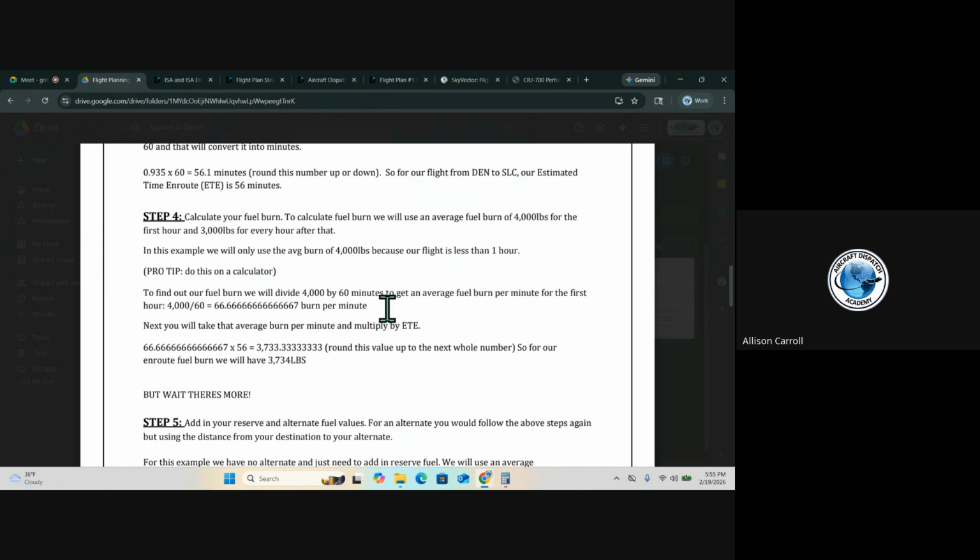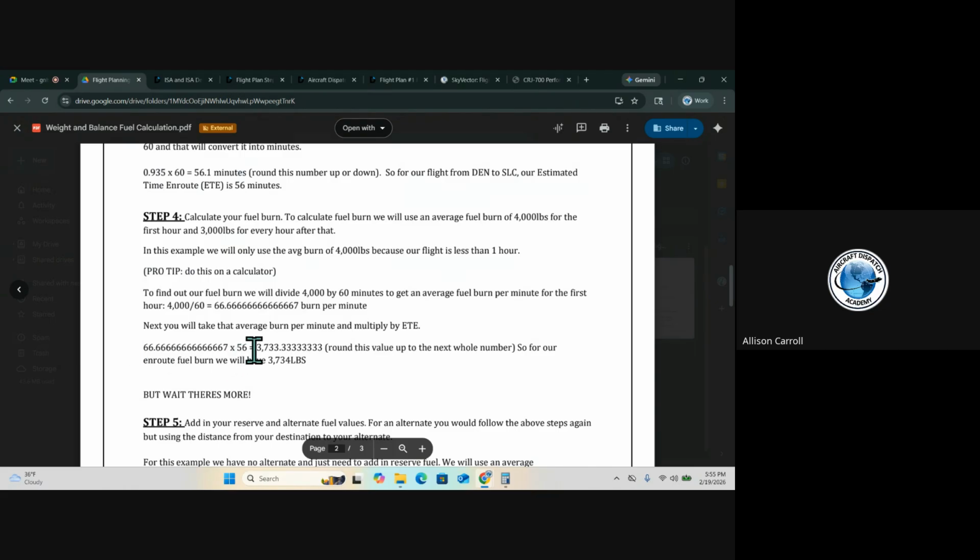Because we're not flying for an entire hour, we're flying for 56 minutes. So we have to find that fuel burn for 56 minutes. So we divide that 4,000 by 60, that gives us the average fuel burn per minute of 66.6. And we take that and multiply it by how many minutes we are flying.